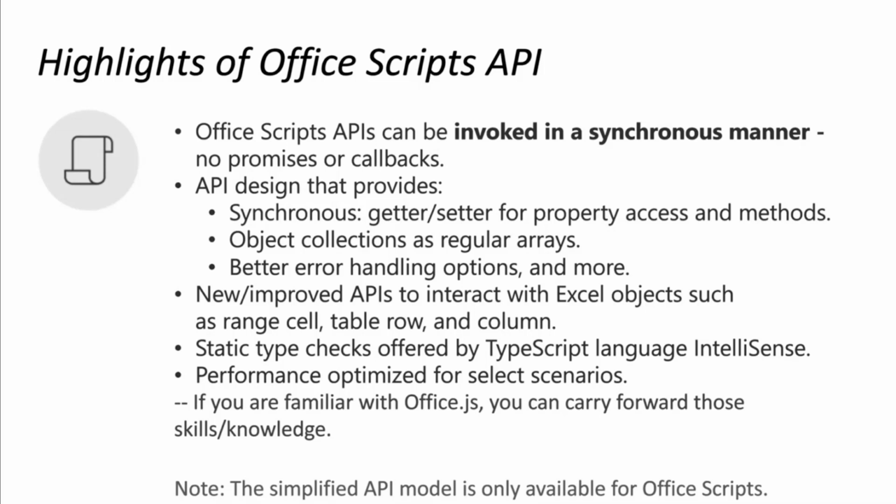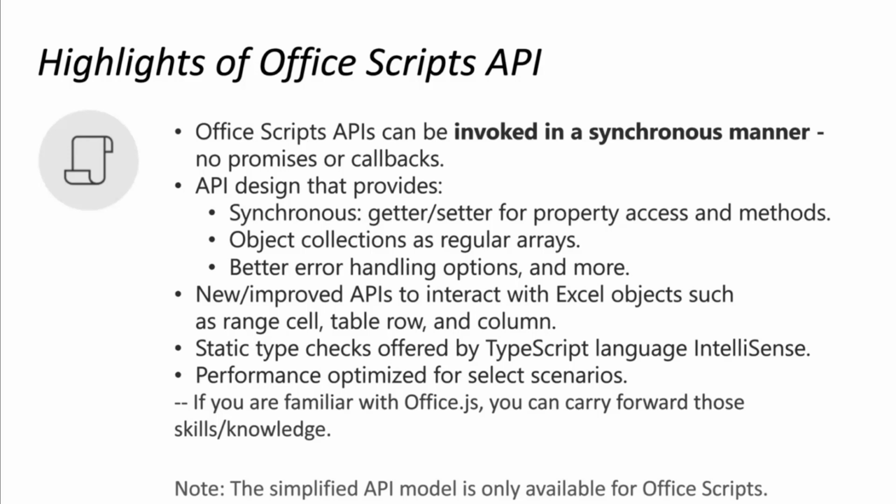We also added a few APIs that offer improved interaction capabilities with common Excel objects that you might use, such as Excel range, table row, and column, mainly to match the dimensionality. So if you're interacting with a cell, now we can read and set its values and formats and number formats just as if it's a single value. And the same thing with columns and rows.